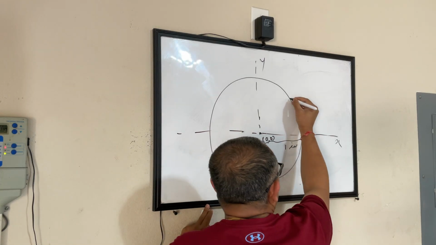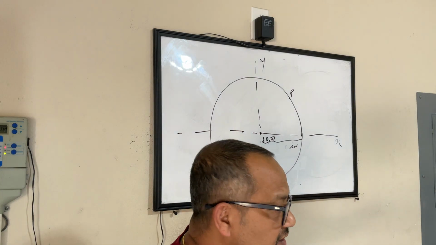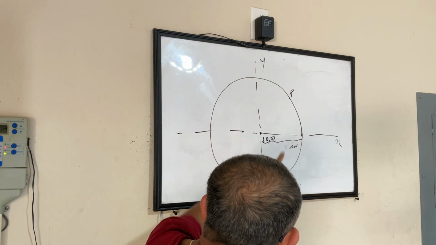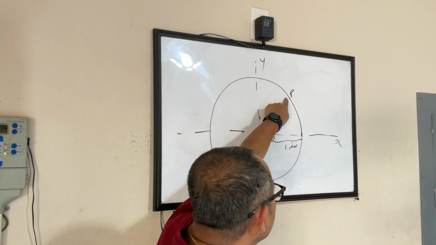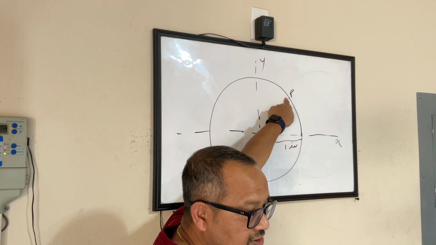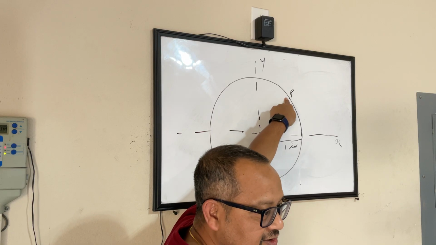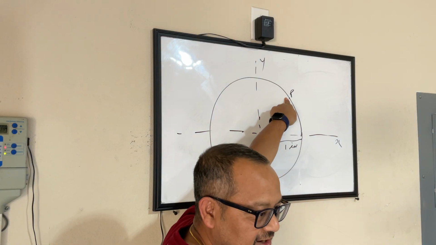We are picking up a point on the perimeter here. Let's say it is P. Right now I'm calling it P, I can call it Q, I can call it R, I can call it N also, which is the first character of your name, correct?